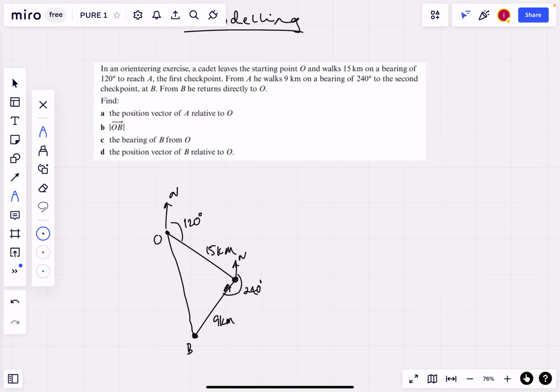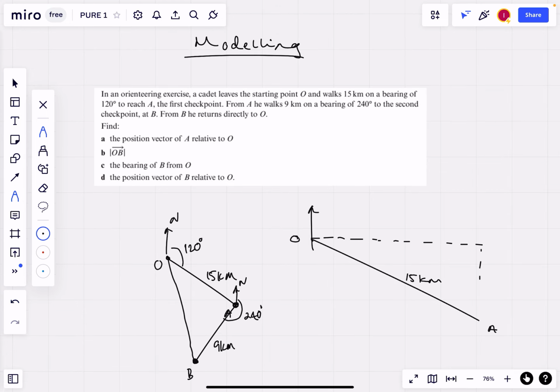Find the position vector of A relative to O. Okay, here's what we're going to do. We're going to take O to A, 15 kilometers. Now, if this whole thing is 120, I can split that into a horizontal part and a vertical part.